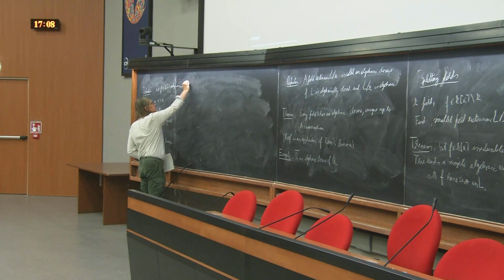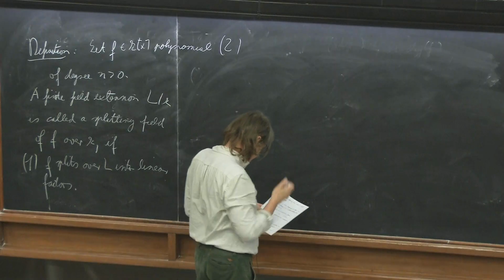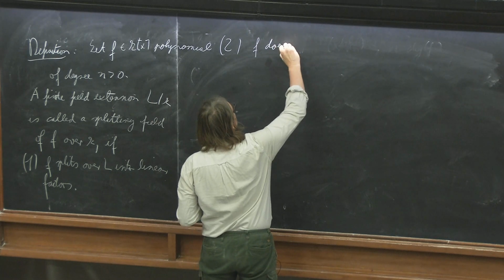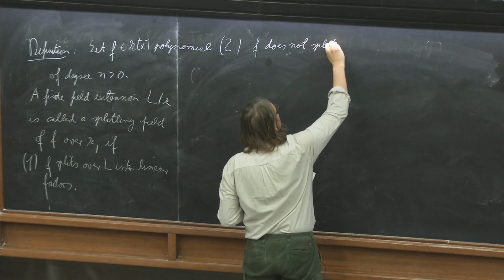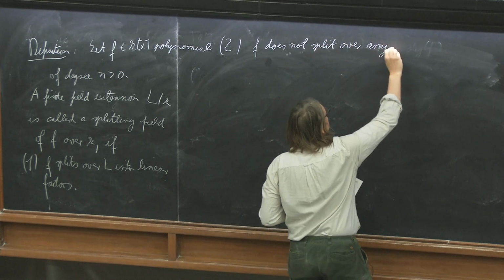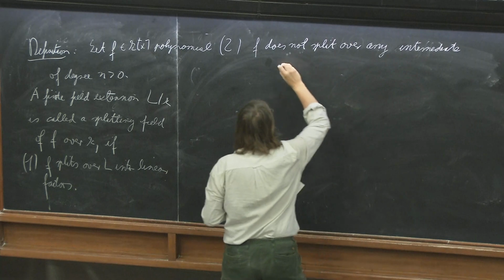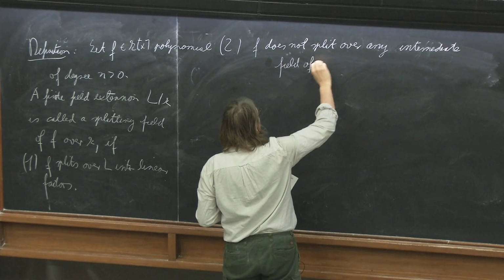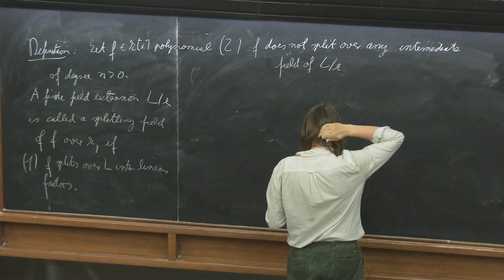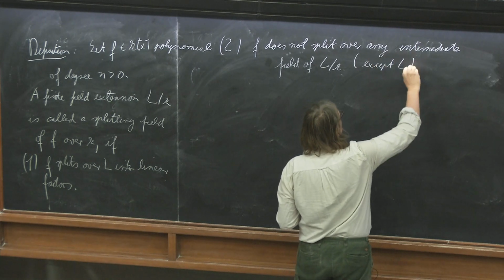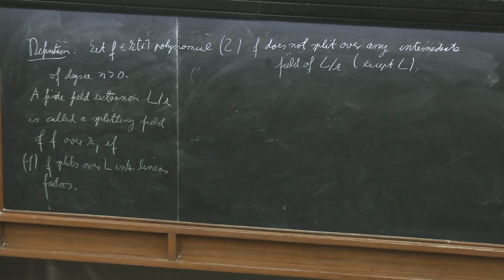So secondly, f does not split over any intermediate field, except obviously L itself. So it is the smallest field over which it splits.